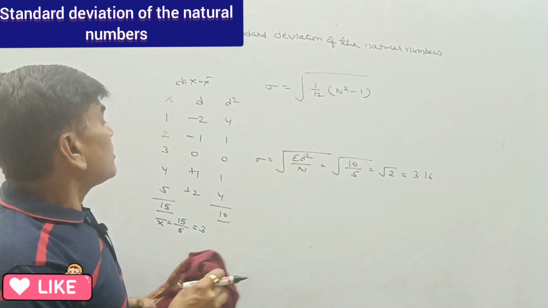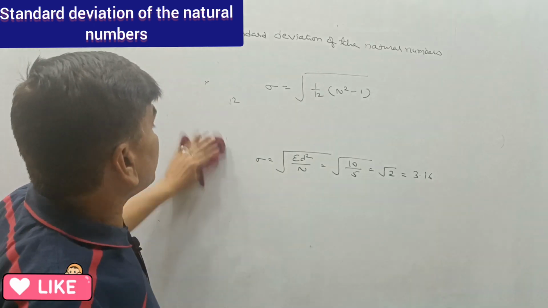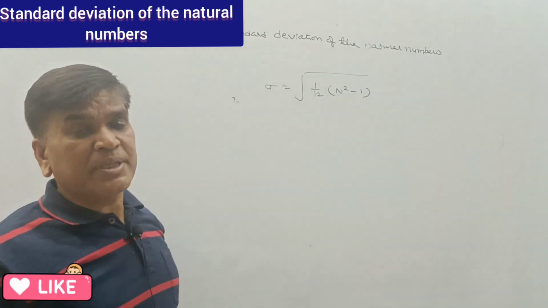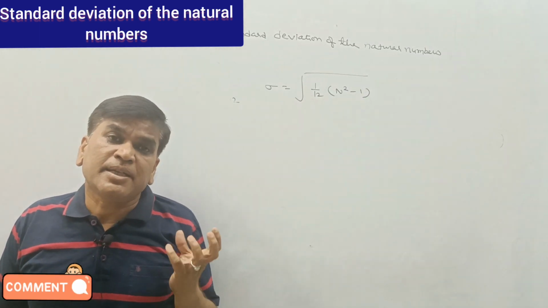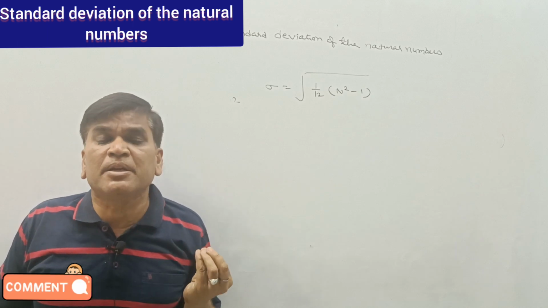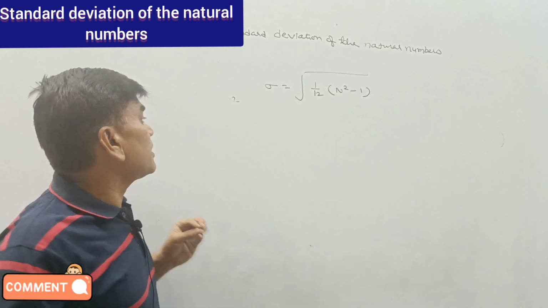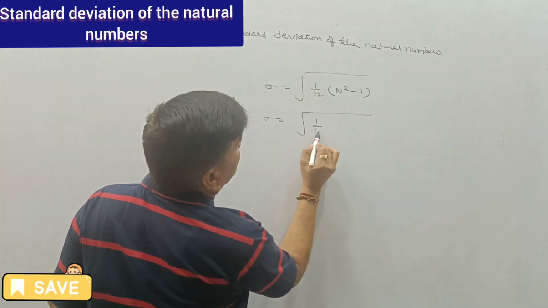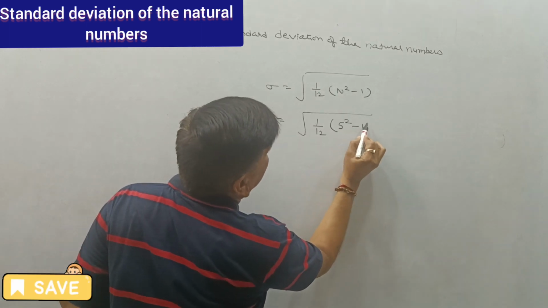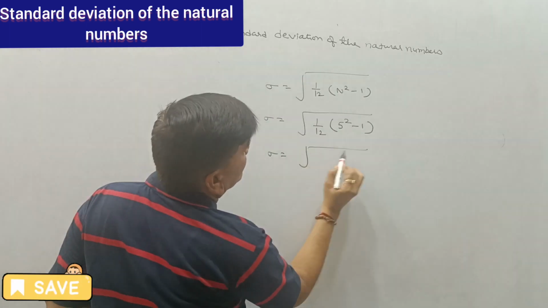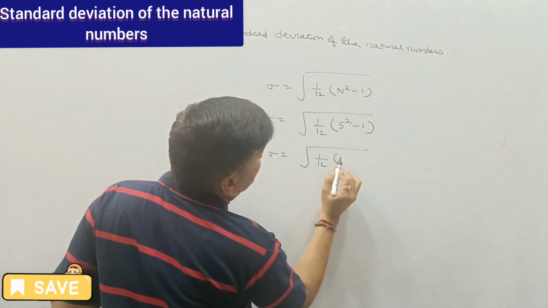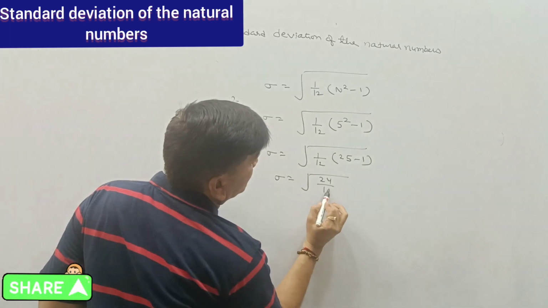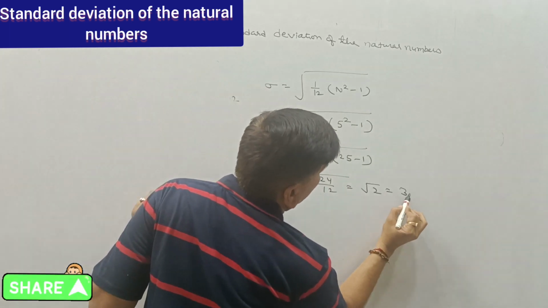Now we will use the direct method. Suppose the question is to calculate the standard deviation of the first 5 natural numbers. The standard deviation is under root 1 by 12 into 5 squared minus 1, that is 1 by 12 into 25 minus 1, that is 24 upon 12, that is root 2, which is 3.16.